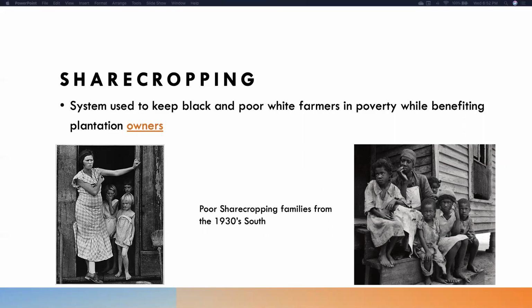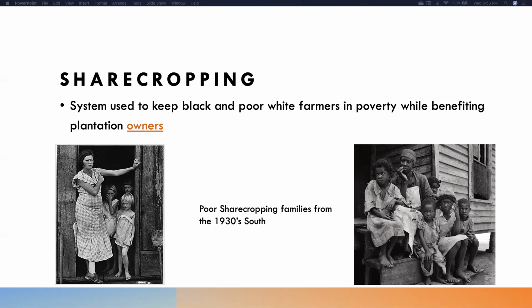Sharecropping means that you have a little plot of land that you rent from the owner of the land, usually the old plantation owners. You have to pay them rent, and or you have a certain amount of your own crops that you grow that you have to give to the landowner. The deals were oftentimes written up in contracts, and these contracts were very, very, very one-sided.